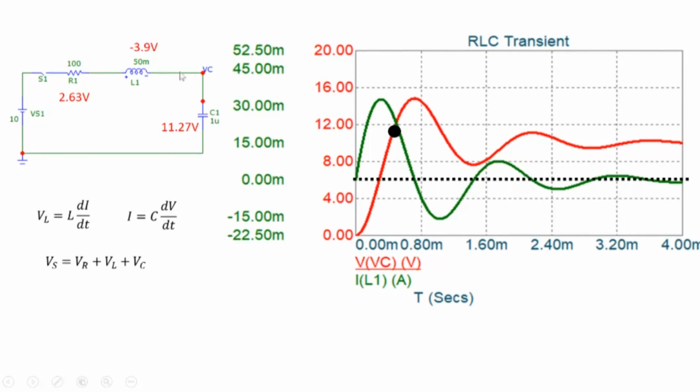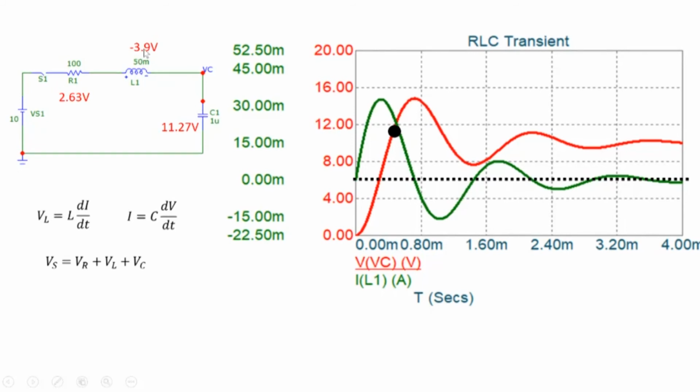So now to maintain KVL, because the voltage across the inductor has become negative, this voltage is 11.27. So that's from the KVL. You can see here it has become larger than 10. Why has it become larger than 10? Because we have the inductor voltage which is negative. So KVL is requiring it to become a larger than 10 value here.